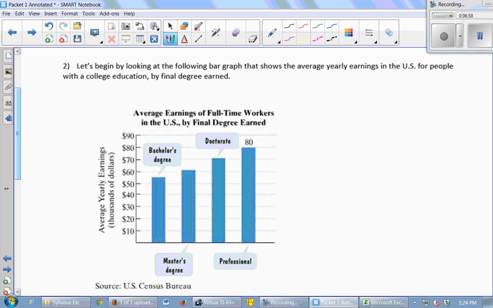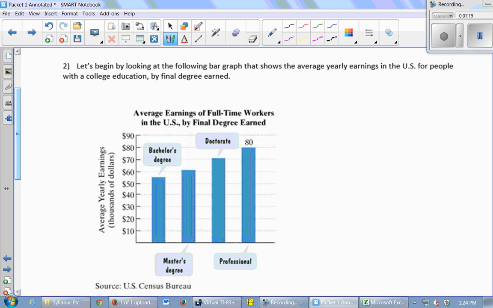So a bachelor's degree average salary is somewhere between 50 and 60,000. If you have a master's degree, the average salary is somewhere between 60 and 70. If you get a doctorate degree, it's a little more than 70, and a professional degree, around 80.